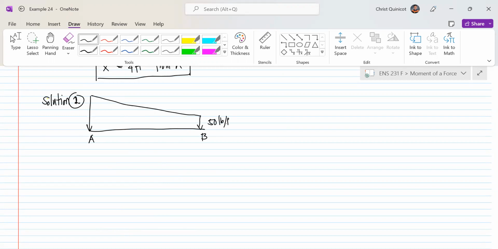Sorry, we found, then this is 100 pound per feet. So what we can do is, instead of having a triangle and a rectangle, we can also have triangle, triangle. So meaning we will cut it this way. So we have a triangular loading that looks like this one, like a full triangle, and this small triangle at the bottom.